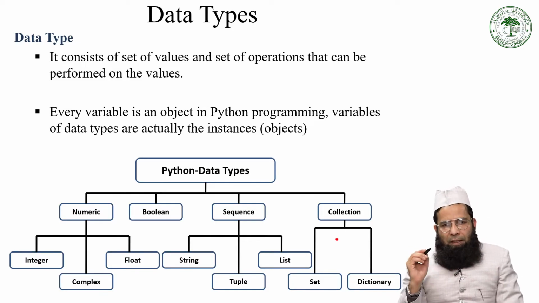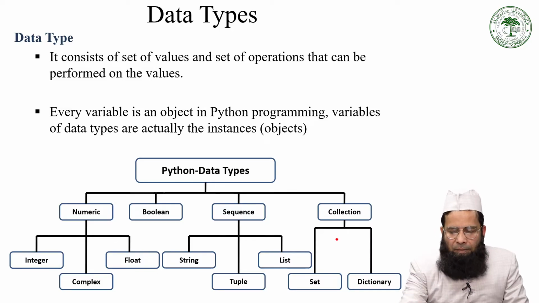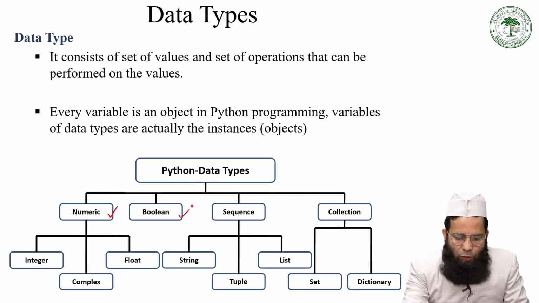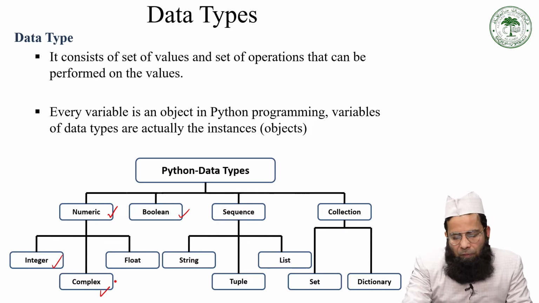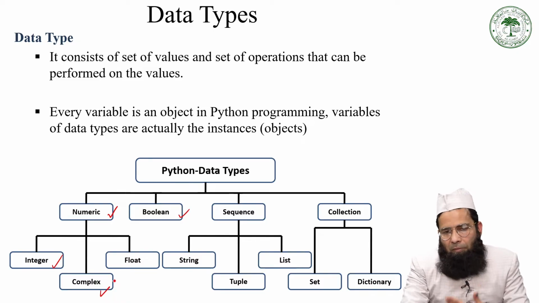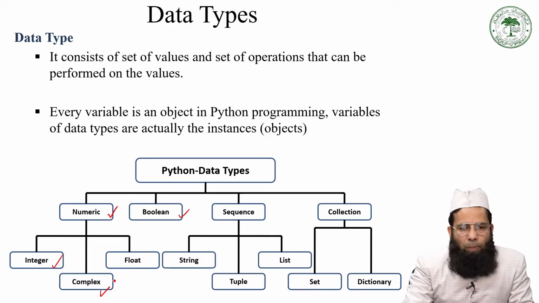So we have seen the different Python data types. We have seen numeric and boolean, and as far as numeric is concerned, we have seen integer, and there is one more special type of data that is called complex. So we can create complex type of data using the complex data type.